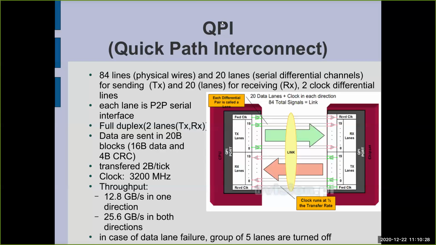This technology by Intel is called QPI. In AMD it is similar, but the name is different. But I think the most important thing is for you to know how it works.